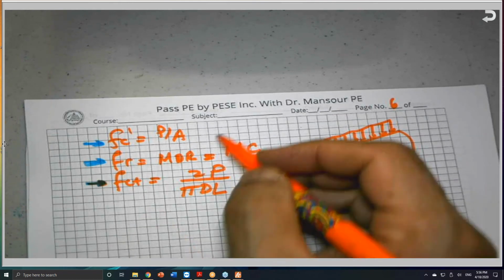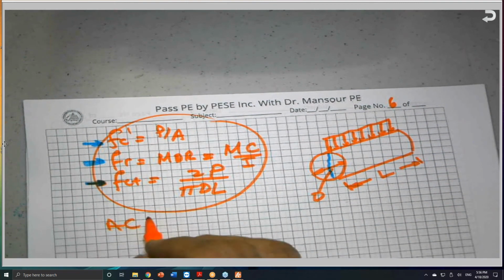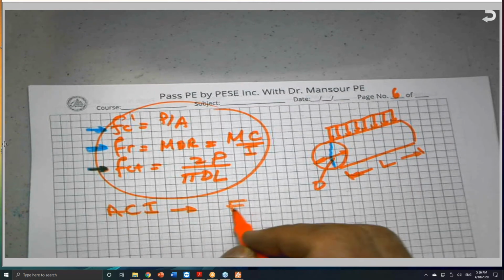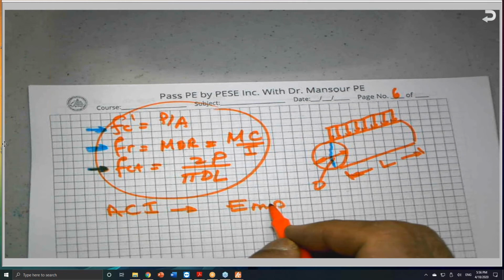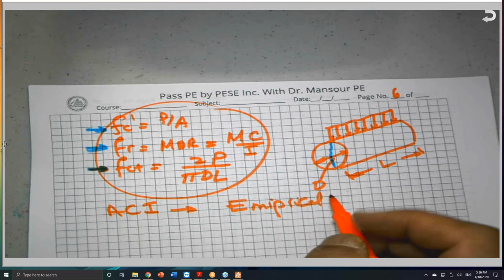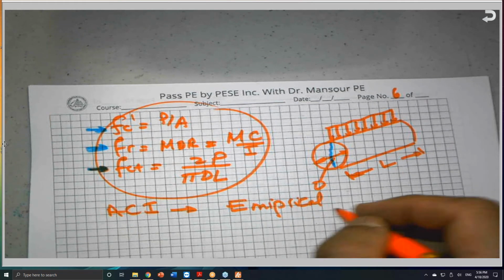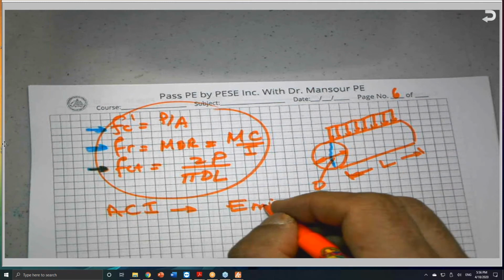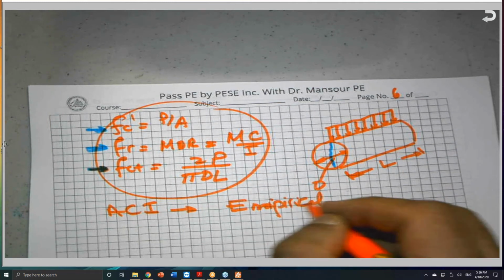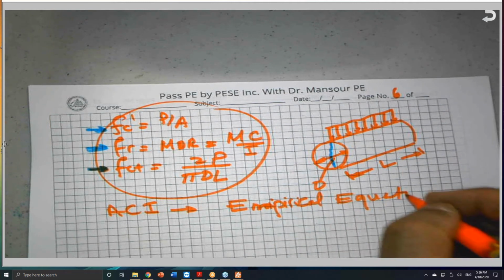However, ACI came up with something that's called empirical formulas. Empirical equations or empirical formulas.